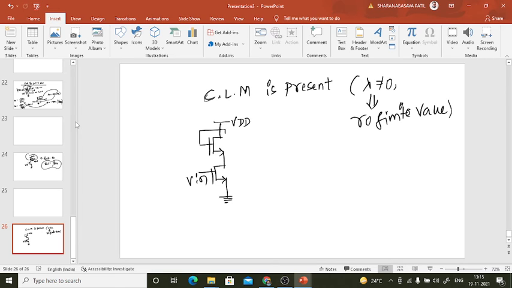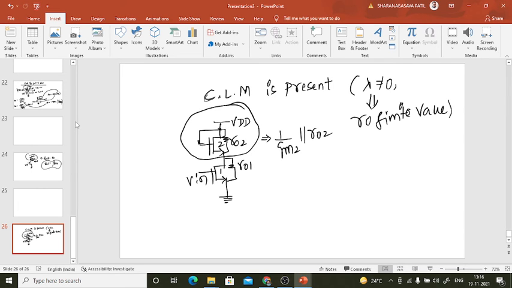R0 is finite, so R0 will come like this here. This is MOSFET 2, this is MOSFET 1, this is R0 2, this is R0 1. So this is how it looks. And not to forget, this gate and drain terminal are tied together. This configuration will give 1 by Gm2 in parallel with R0 2.